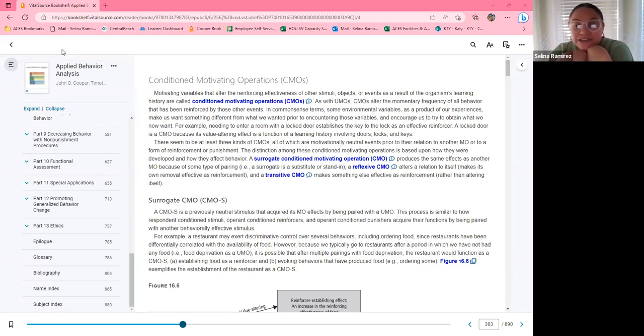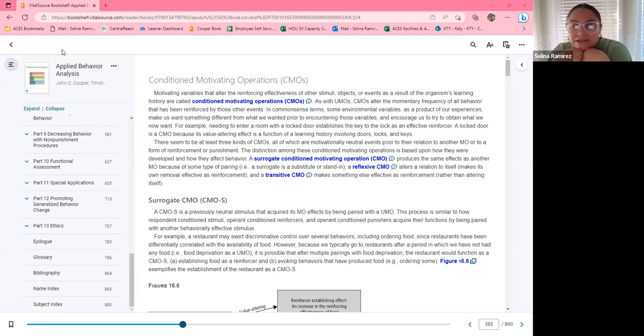And then a reflexive CMO alters the relation to itself and makes its own removal effective as reinforcement. So for reflexive, I always think of run away, like I pair the R with run. And so that is your kind of like escape type of reinforcer. Okay, and then you have transitive CMO.